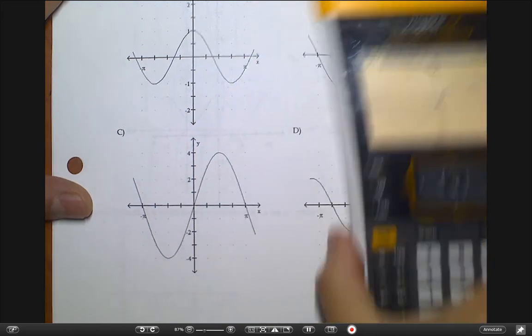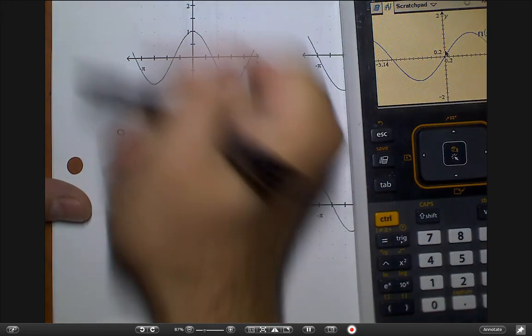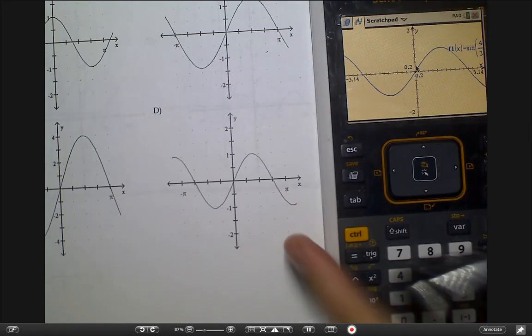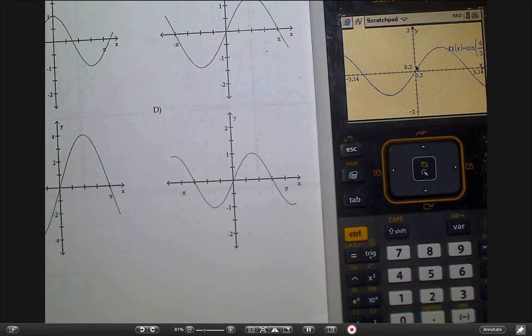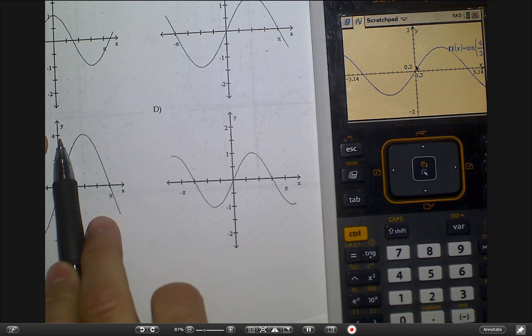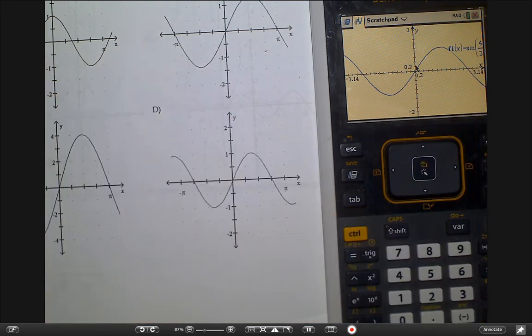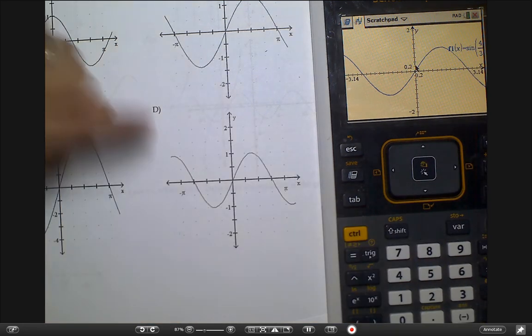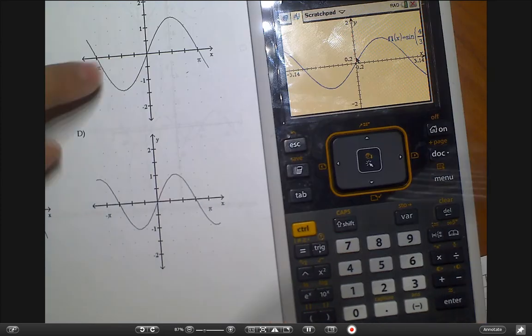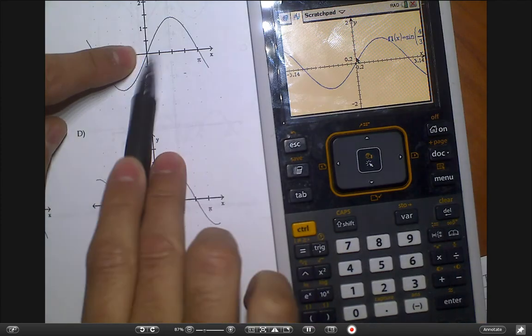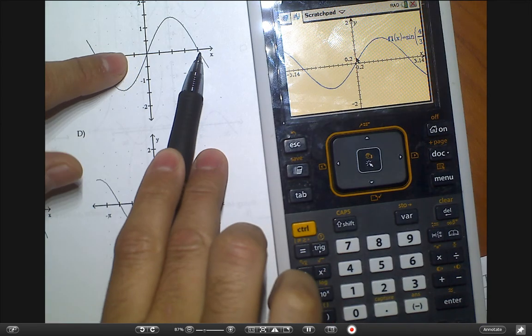Now let's take a look. So automatically it is not A. Okay, what else is it not? It's not going to be C. That C goes up to 4, this one doesn't go up to 4. Okay, so it's either B or D. Now, if you notice, B goes up and it finishes over at pi, right?